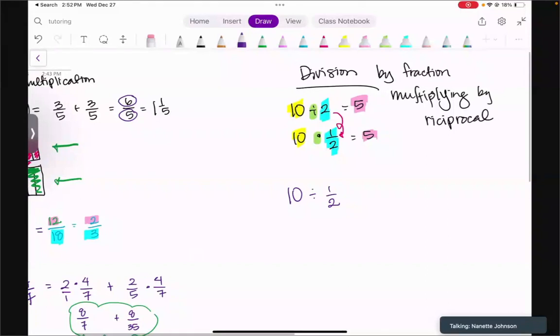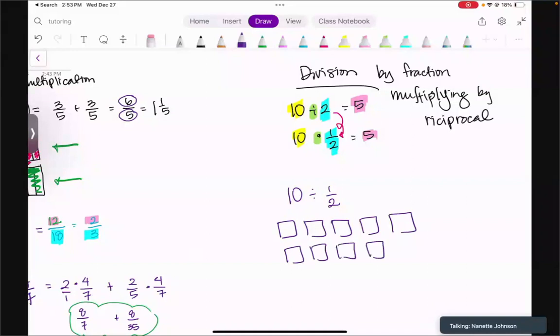The picture of 10 divided by half looks like this. If I have 10 brownies, I don't know why, I should have chosen a smaller number, but that's all right. So I have 10 brownies. These are all the same size, if you can pretend. And I'm going to divide them in groups of half, meaning I want to know how many half brownies I have. So I'm going to cut each of these brownies in half.